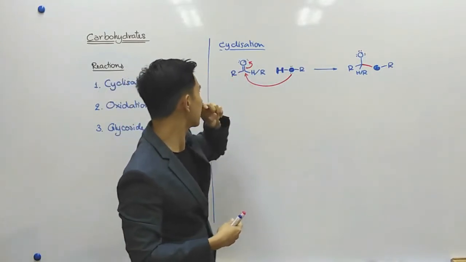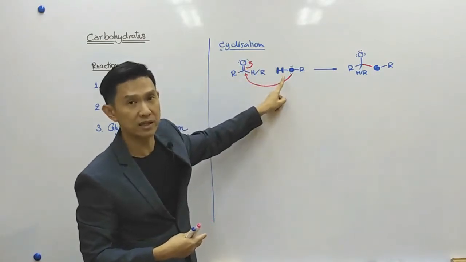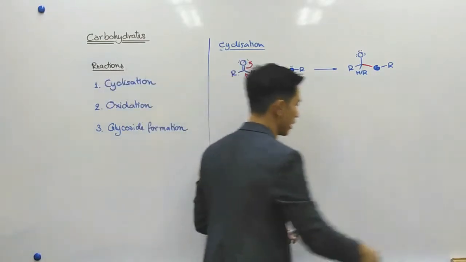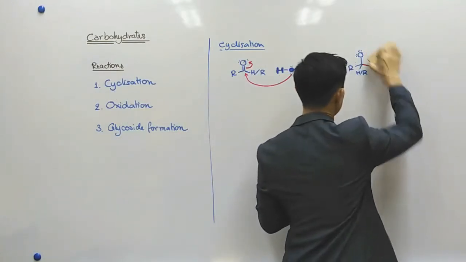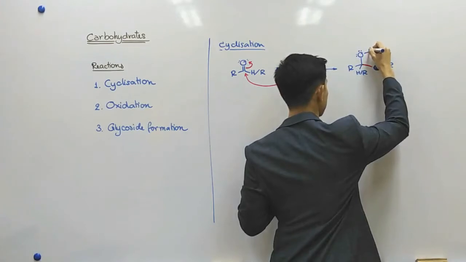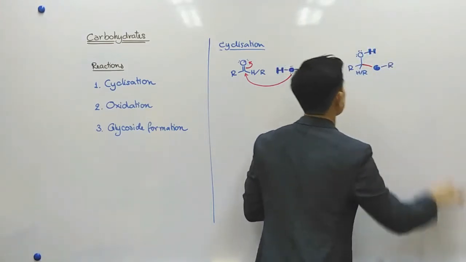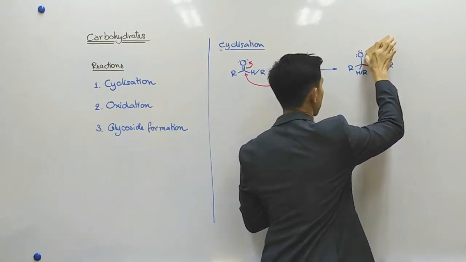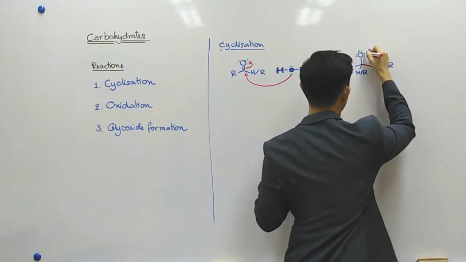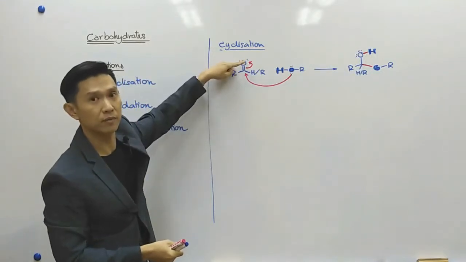So oxygen is negative now, but you have H released from the alcohol. So at the end, that H is recombined with the O up here. So actually, it's a kind of reaction where you open the double bond, the pi bond between C and O. Okay?